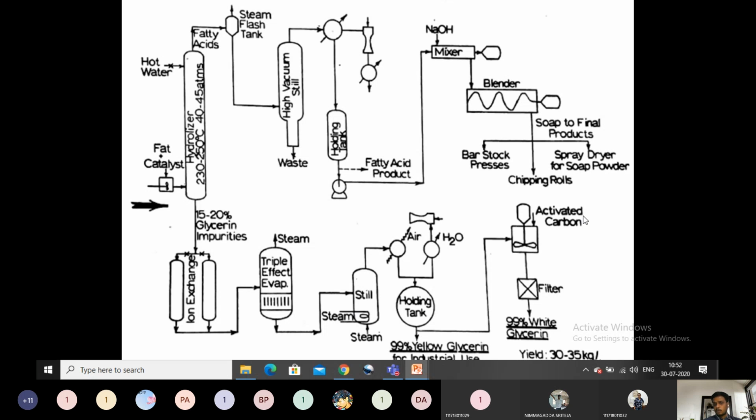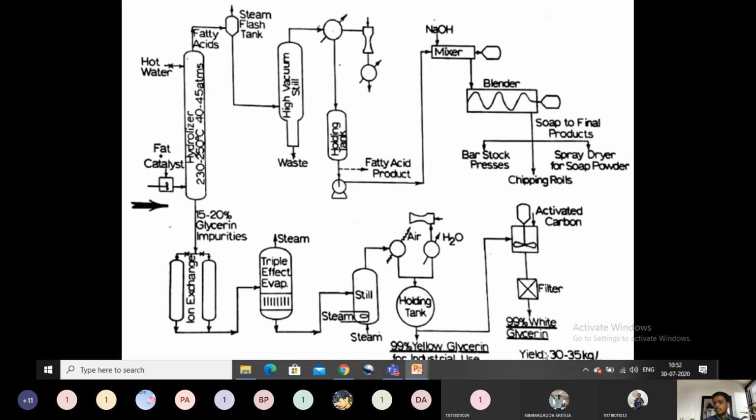For that, we add an adsorbent called activated carbon. The activated carbon is mixed with the 99% yellow glycerin in this blender. The coloring component is transferred by adsorption to the activated carbon. Then the left out glycerin is called 99% white glycerin.